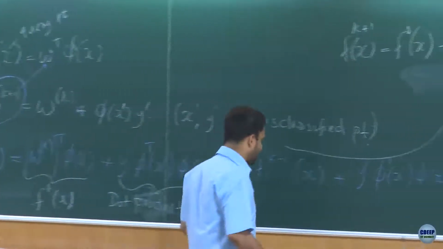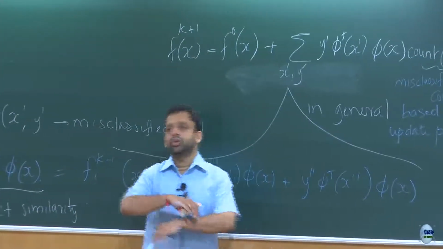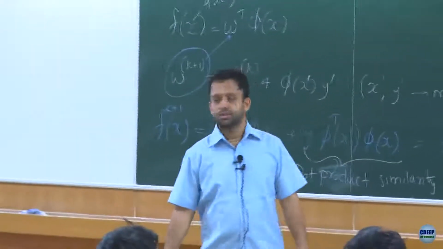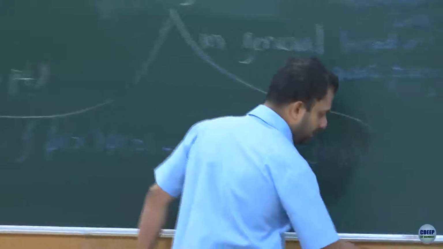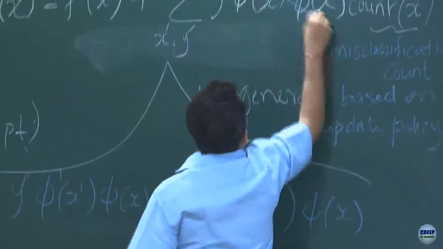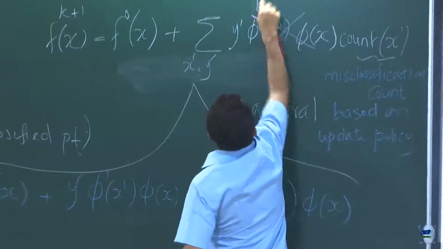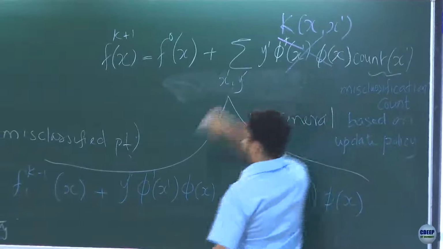And I want to now impress upon you that you don't need phi at all in this view of the world. This entire expression can be replaced by this similarity k(x, x prime).